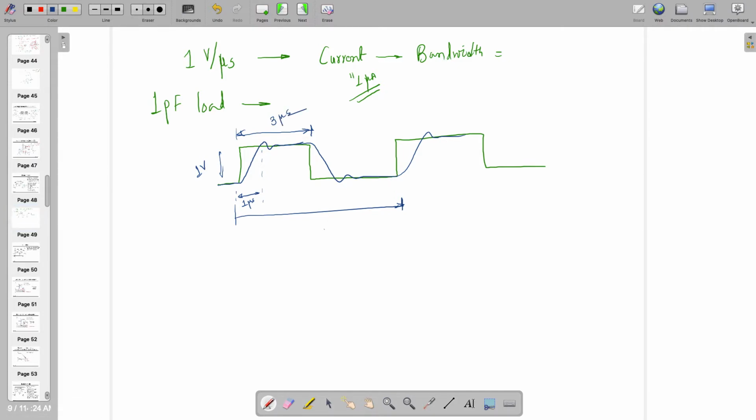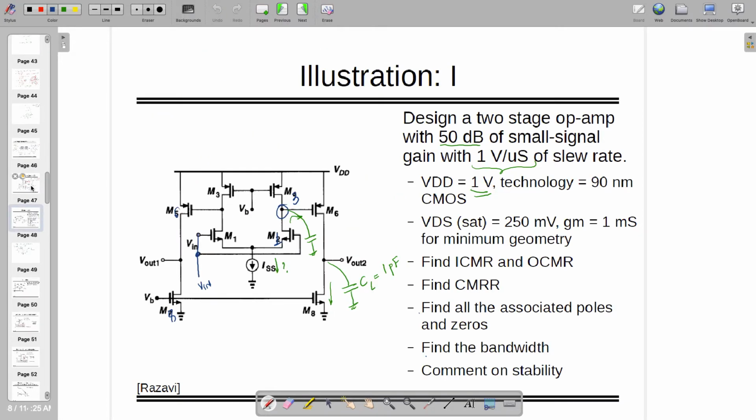So this will become 6 microseconds. So 1 by 6 microsecond, that's the bandwidth we require. Right? This is the meaning of this one. Okay, so these are the things.